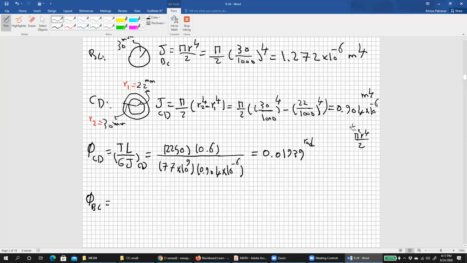I want to show you something at the beginning of chapter 4, because the book assumes the students know about this, but some of you may be learning statics, some not. In the beginning of chapter 4, I said moment of inertia, and then for J, we improve the moment of inertia to polar moment.